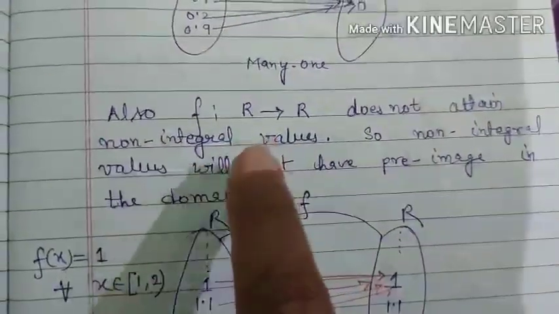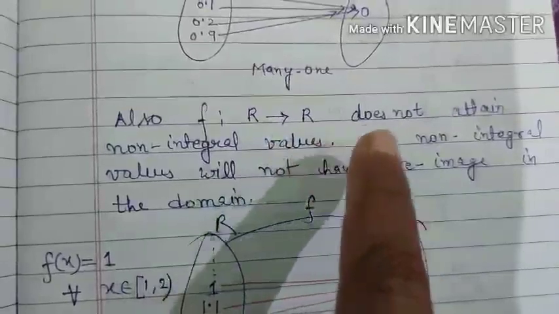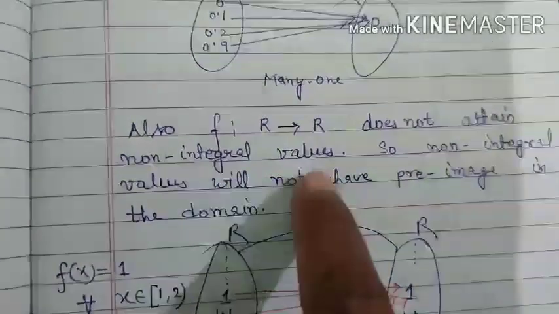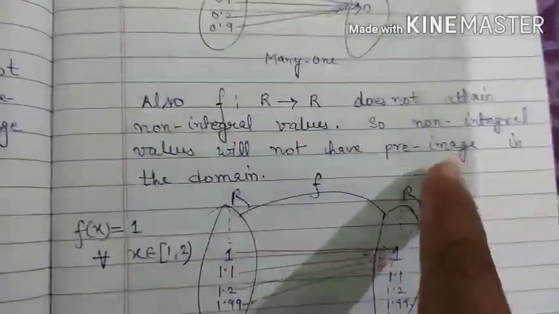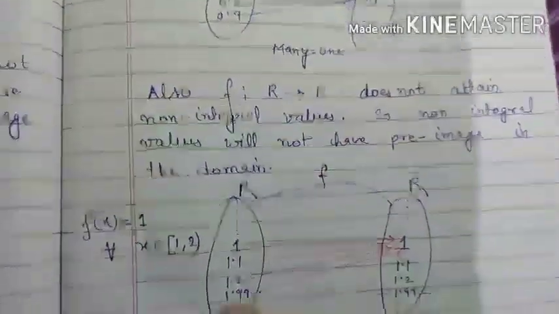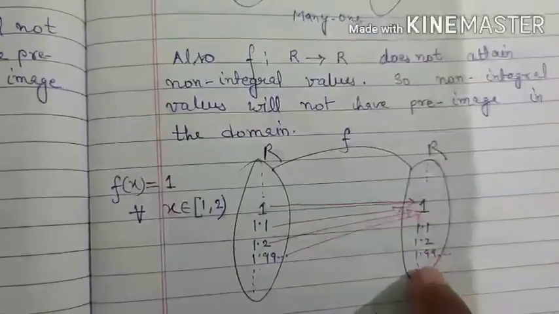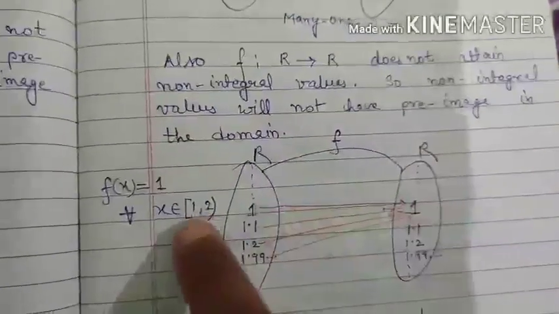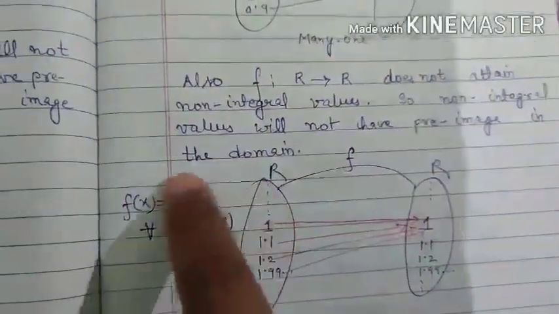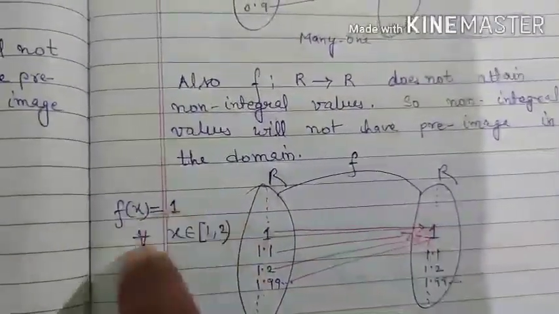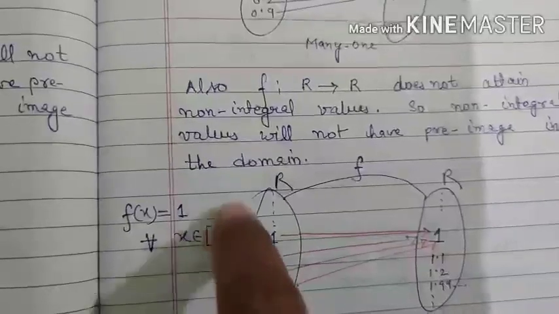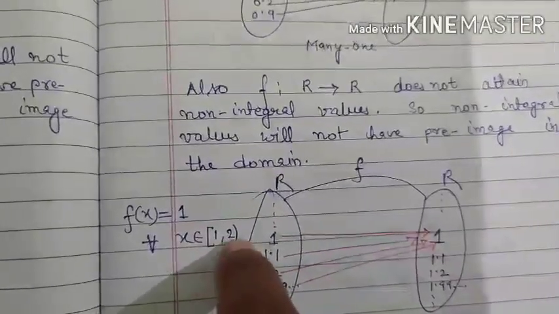Also, f such that R to R does not attain non-integral values, so non-integral values will not have pre-image in the domain. As you can see here, again I have explained one more kind of function, the same f(x) equal to 1 for every x belonging to [1, 2). Here 1 is included, 2 is not included.